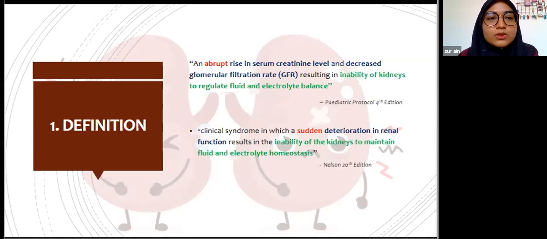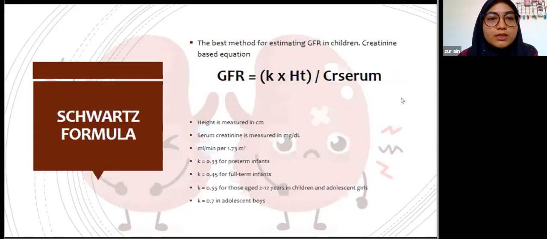Okay, so next, this is basically the Schwartz formula. We use this formula to estimate GFR in children.